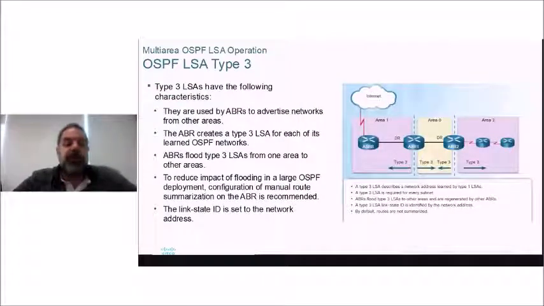So Type 3s are used by ABRs to advertise networks from other areas. And so I think it was a summary LSA. So the ABR creates a Type 3 LSA for each of its learned OSPF networks. ABRs flood Type 3 LSAs from one area to other areas. To reduce the impact of flooding on a large OSPF deployment, configuration of manual route summarisation on the ABR is recommended.